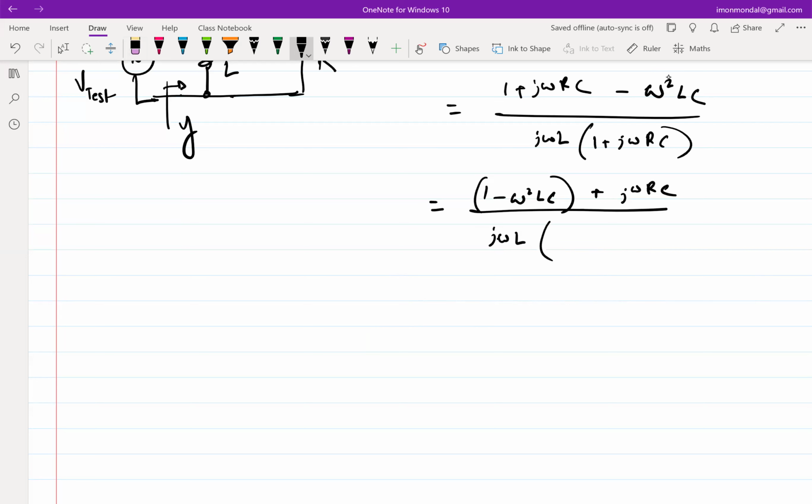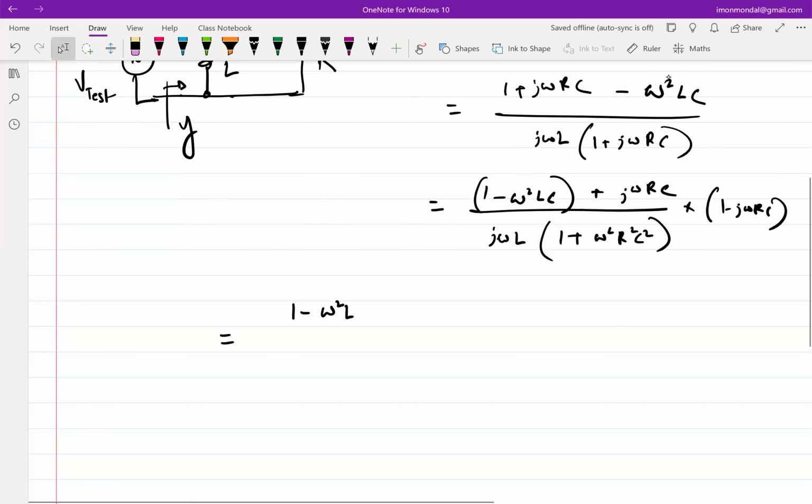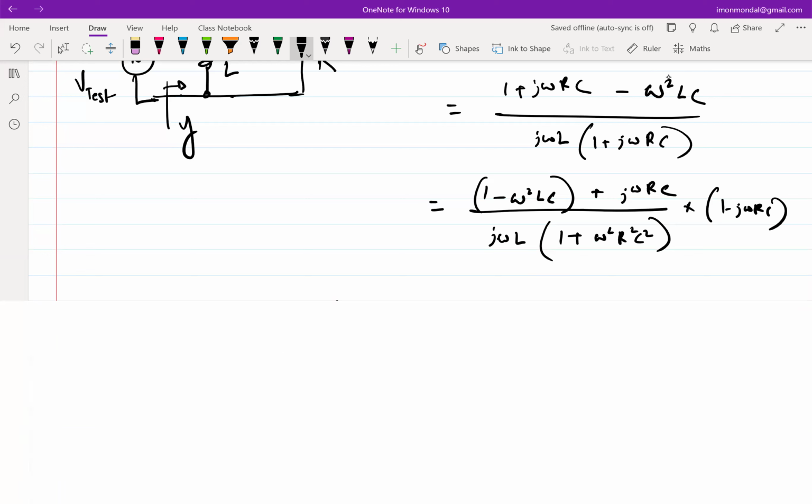In the denominator, I multiply both sides by the conjugate of 1 plus j omega RC. So this becomes 1 plus omega square R square C square, and this is 1 minus j omega RC. So in the numerator, what do I get? The real term is 1 minus omega square LC, and this gets multiplied with that.